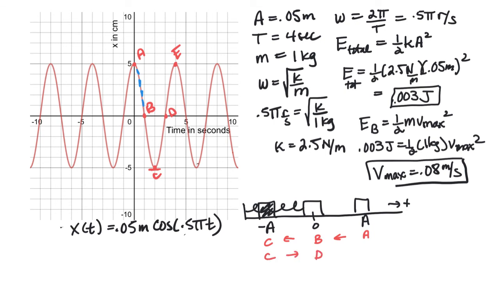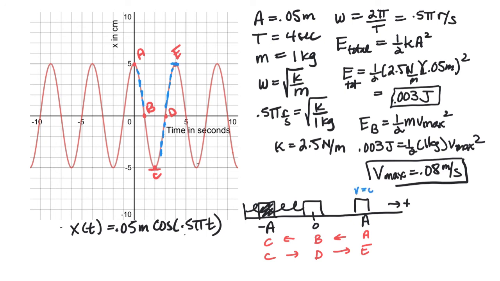But now note that the slope of the velocity graph is positive as I move in the positive direction, even though my position is still negative because it's to the left of x equals 0. And then I continue to move in the positive direction back to point E, which puts me one cycle later at the point of maximum stretch. And note the slope of the velocity graph is still positive, decreasing, and eventually becoming 0.